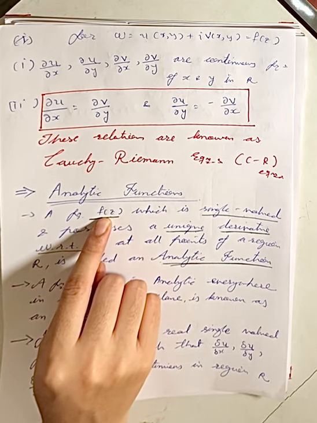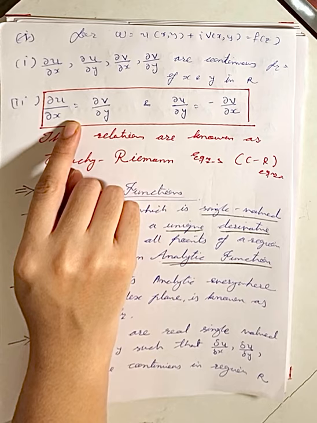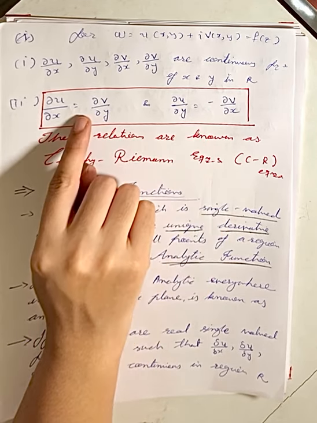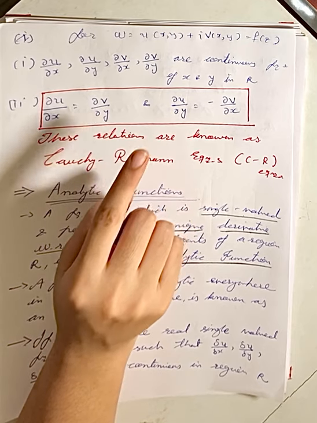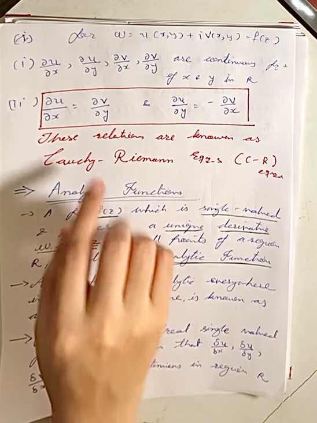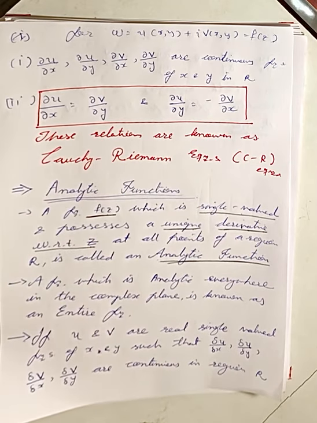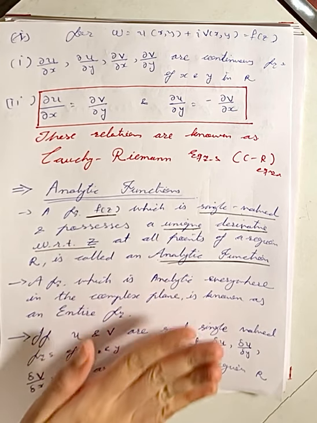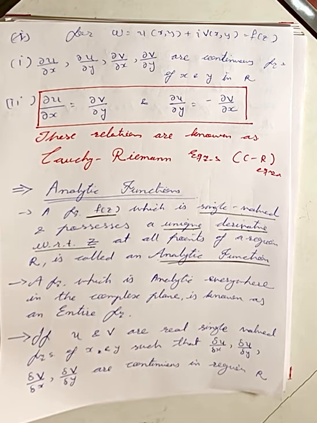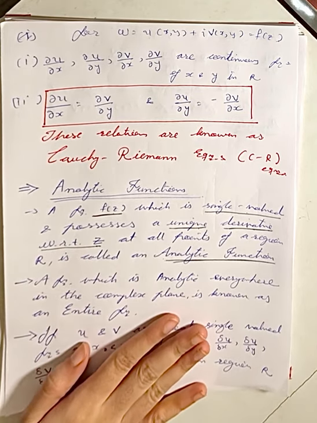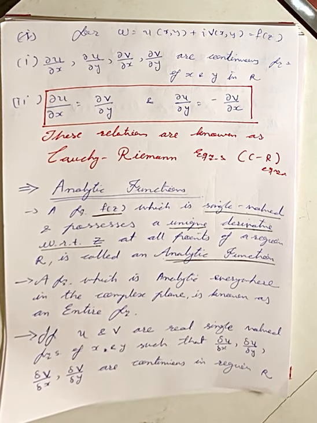You will check the function by plugging in these CR relations, and if the function follows these relations, then you say that the function is analytic. This is something very important that you will come across in at least one question in the entrance exam. Next time we are going to solve problems on analytic functions, how to check whether the function is analytic or not.